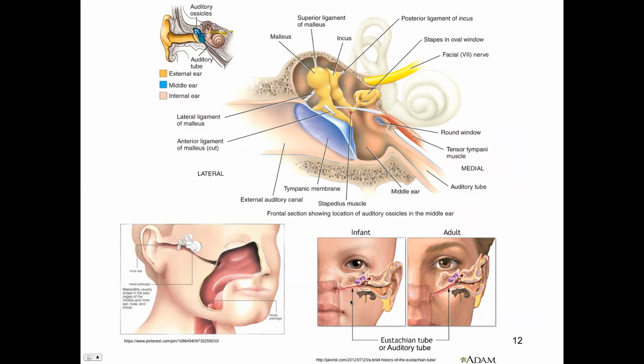And the reason why young children get ear infections much more easily than adults is because of this eustachian tube. I learned eustachian, so I tend to use that term more often. As you can see, this eustachian tube is almost horizontal, so it's really easy for junk to get stuck in there. Whereas in an adult, there's more of an angle so that it will drain out.